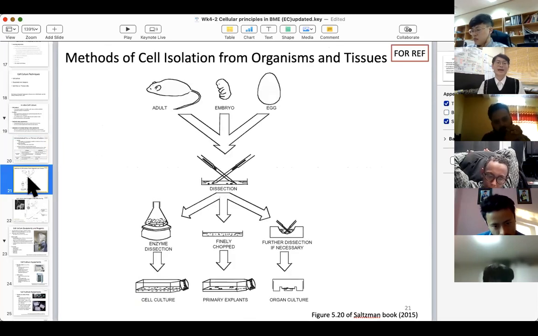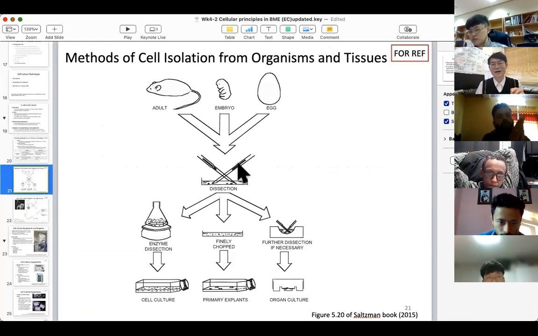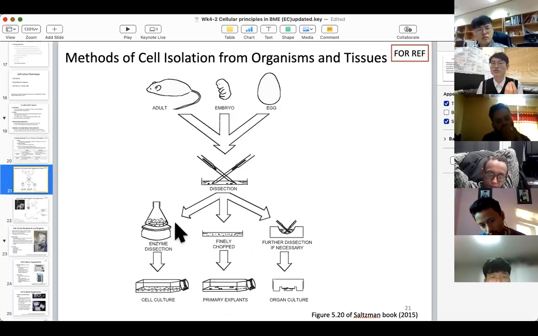Okay. And you can dissect them. You can have a slice for organ culture, or fine chopping and still have multiple cells. It's an explant. And sometimes you use enzyme to isolate single cells to form a cell culture.